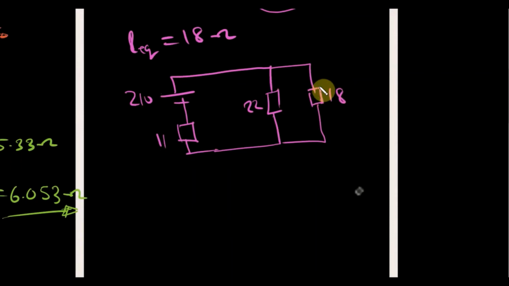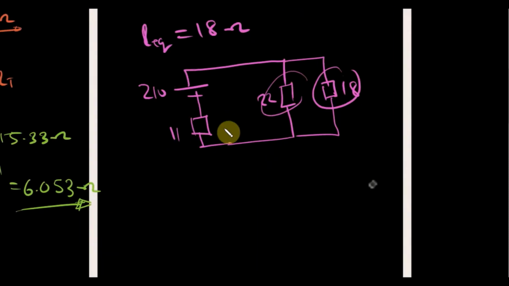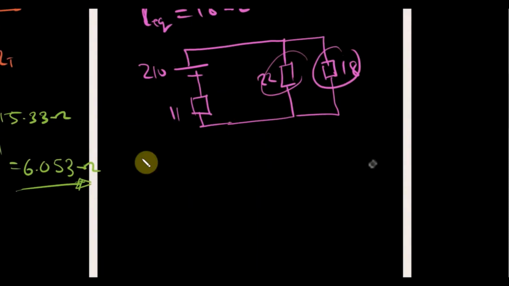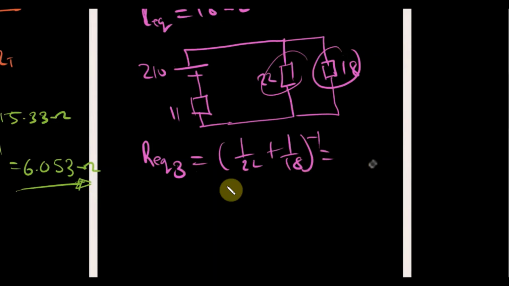Okay, cool. But we can observe right away that this one and that one are in parallel, so you can just combine them into a single equivalent resistor. Let's call it R3. 1 over 22 plus 1 over 18, to the power minus 1.